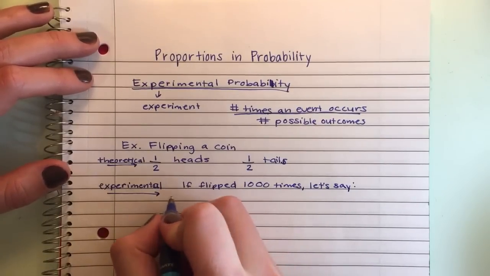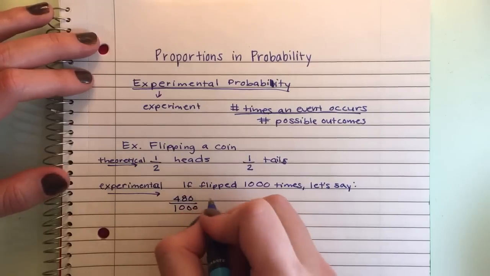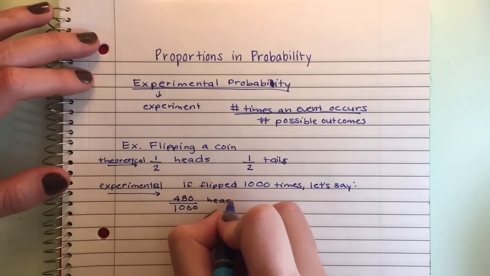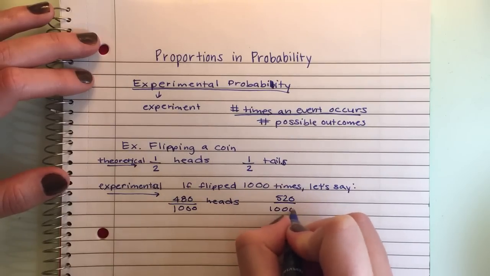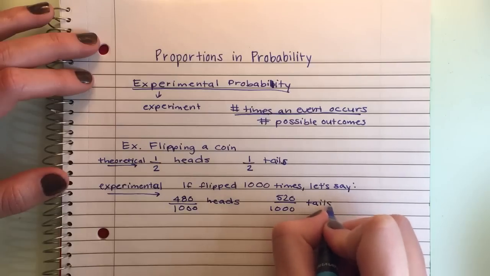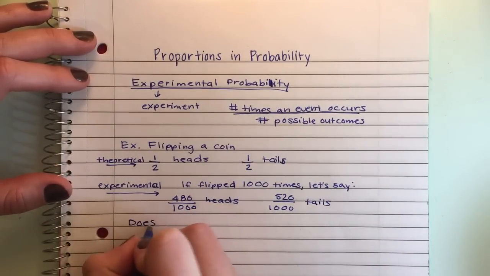So we're going to say that I flipped it 1,000 times, and on 480 of those times it landed on heads, and on 520 of those times it landed on tails. So you have to ask yourself, does this make sense?